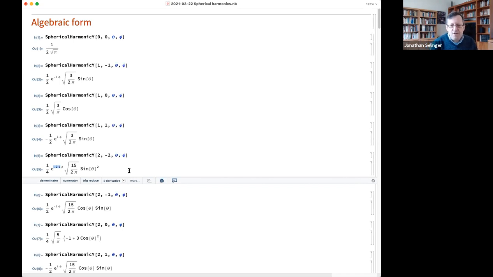And the coefficient does the job to make sure that these functions are normalized, right? That is, if you take one spherical harmonic times the complex conjugate of another spherical harmonic and integrate over all theta and all phi, including the right measure of integration, then you get 1 if the L's are the same and the M's are the same, and you get 0 otherwise.